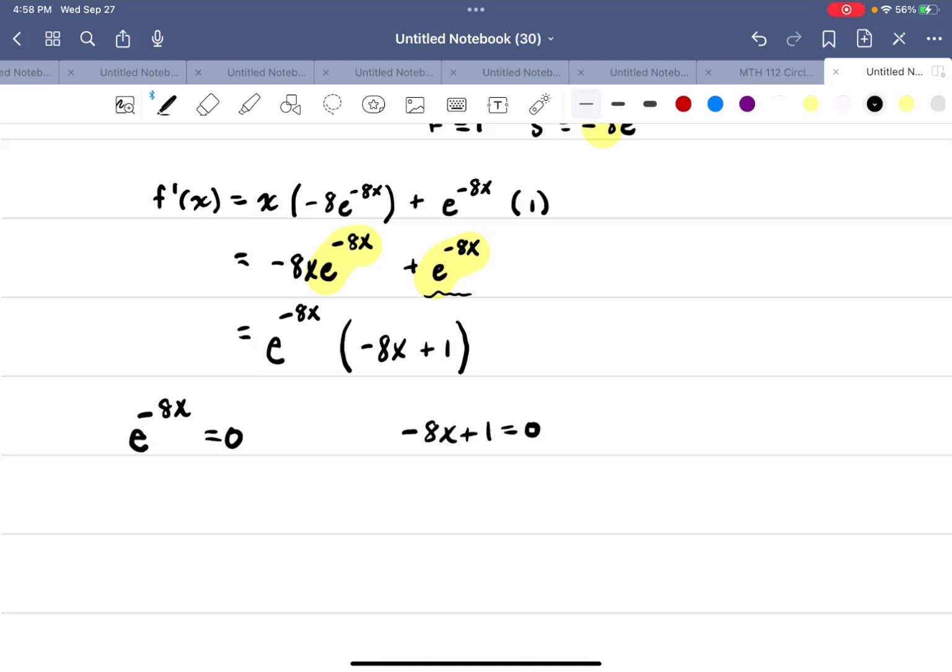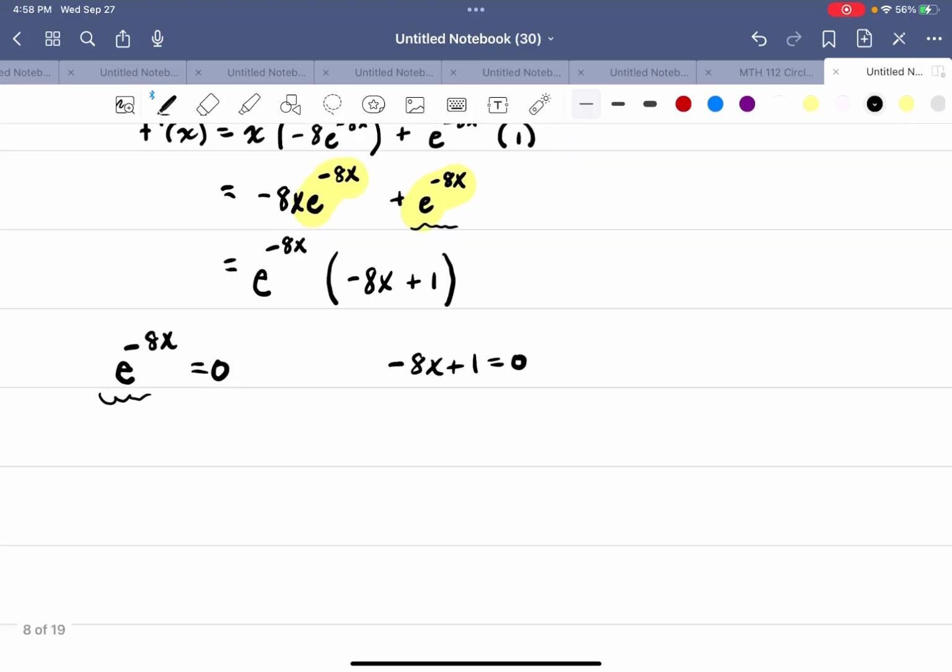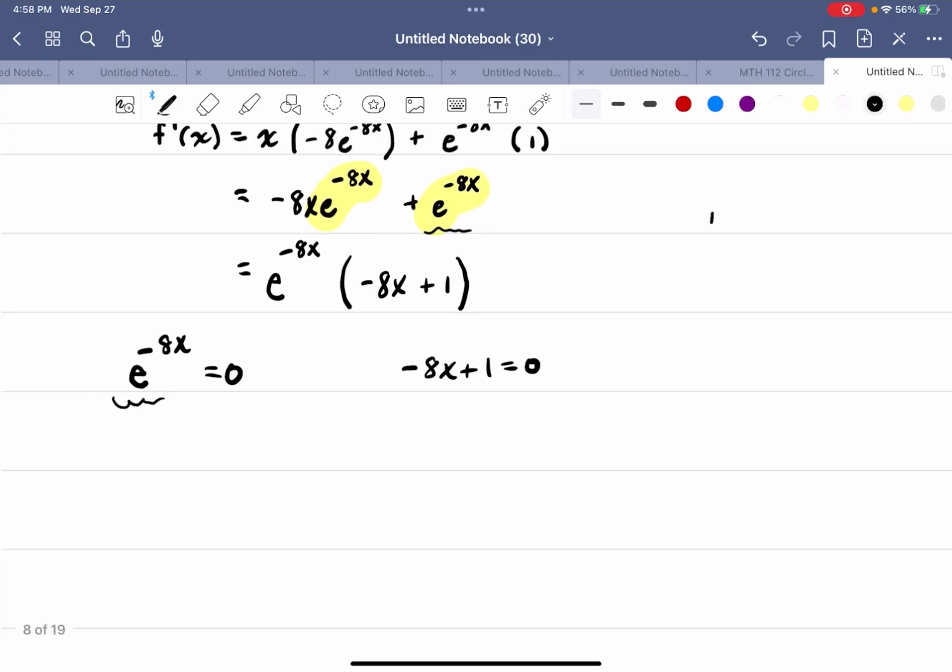Now let's talk about this e base for a minute. e is a constant. Just like pi, everybody remembers that pi is approximately 3.14. Pi is a constant. When you see a pi in a math problem, you know it's about 3. Well, e is another constant, and it's about 2.71. So this is a positive number raised to an exponent.